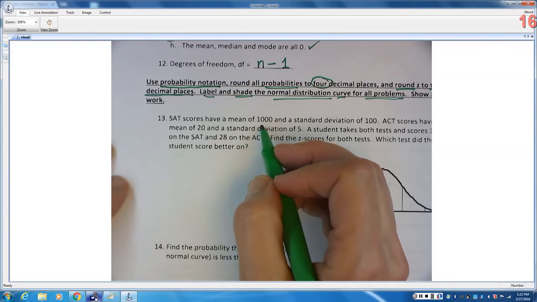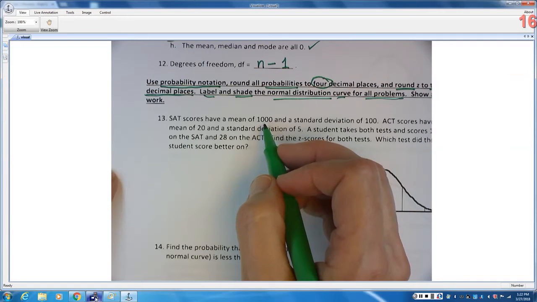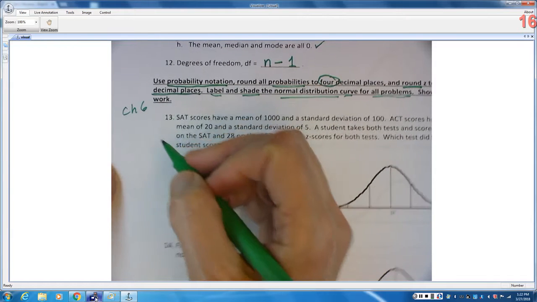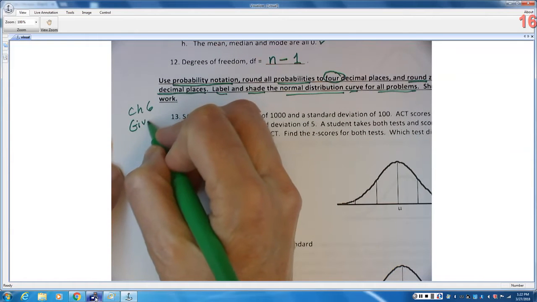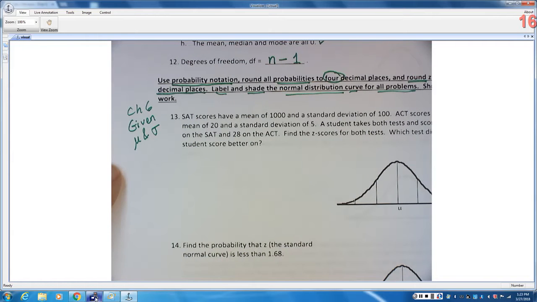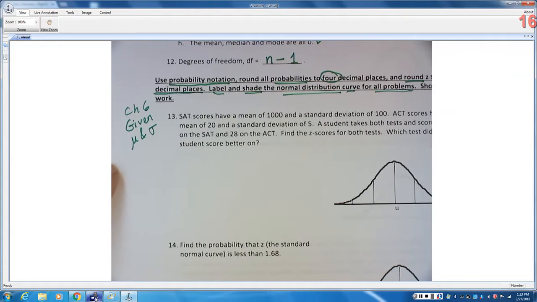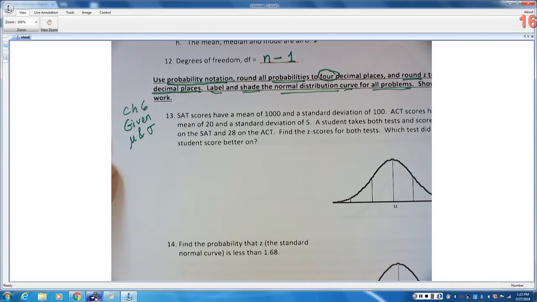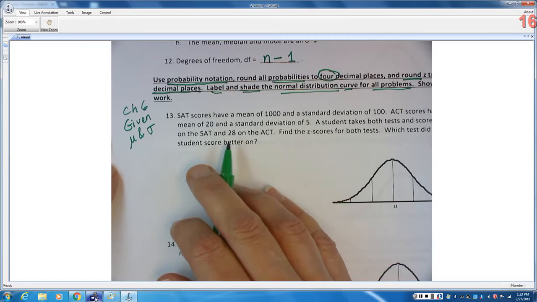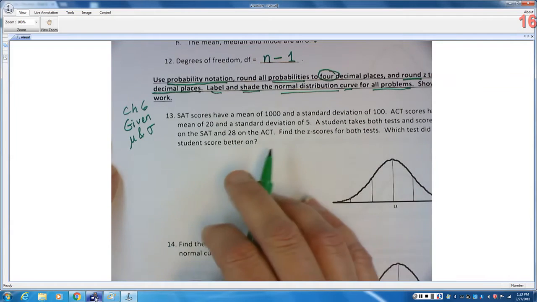SAT scores have a mean... now, so this is chapter 6. In chapter 6, we were given, at the beginning anyway, mu and sigma. And we were told if it was approximately normal. So this should say that the scores are normal.